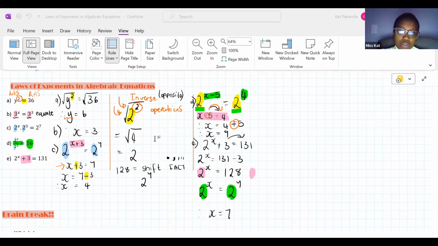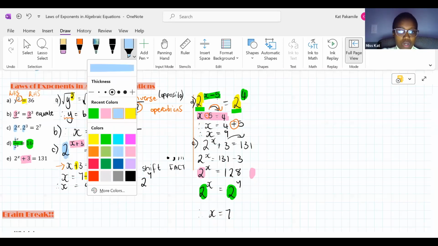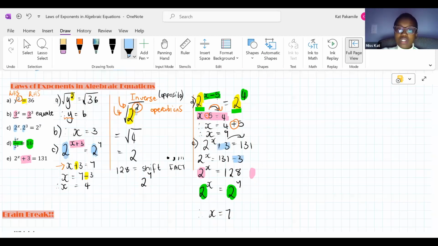Okay, someone said, please repeat E. Step 1, we got rid of the 3, okay? Using inverse operation. We were adding, so we got rid of it by subtracting. So if you were adding, you get rid of it by subtracting. Cool. So then 131 minus 3 is 128. Then I said we want the same bases. So we have a 2, we wanted 2 on the right. So you have to change 128 to 2 to the power of something. So I said, if you don't know how to do that, go on your calculator and do these steps.